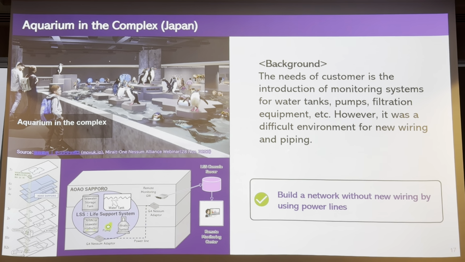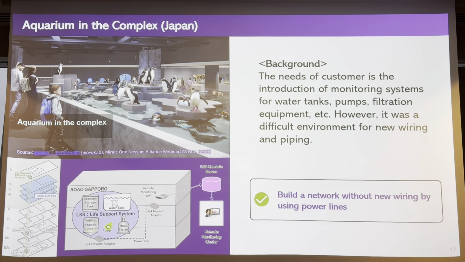Next, this is an example of an aquarium in a complex in Japan. This complex has 2 basement levels and 7 above-ground floors. The aquarium occupies the 4th to 6th floors. The customer's need is the introduction of a monitoring system for water tanks, pumps, filtration equipment, and so on.